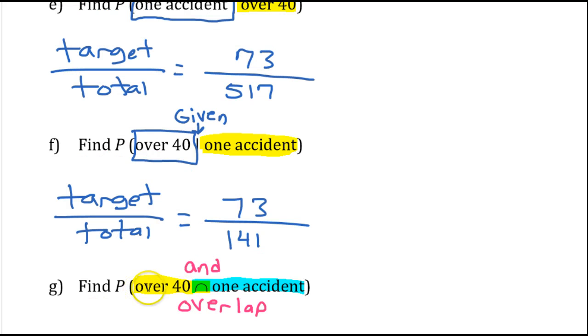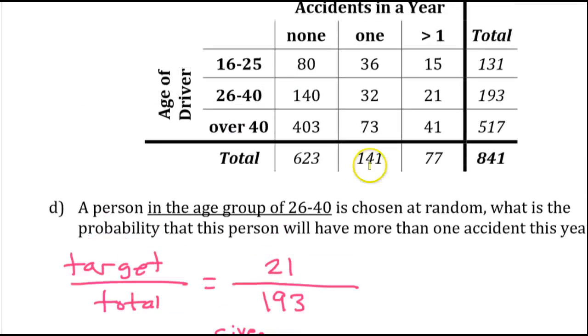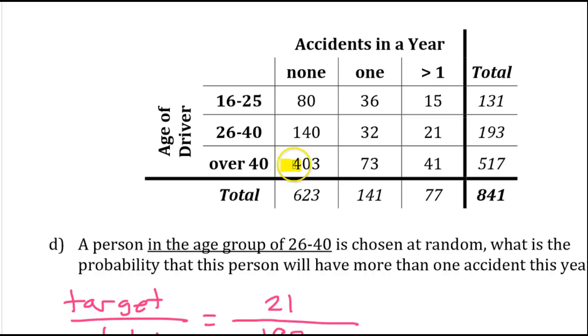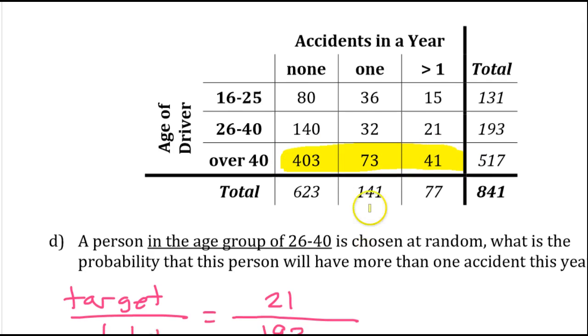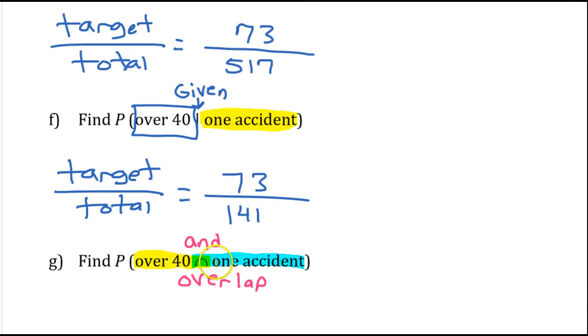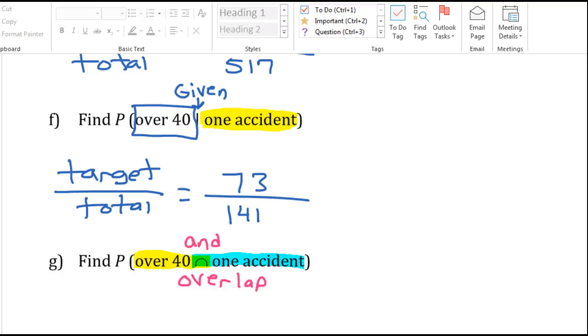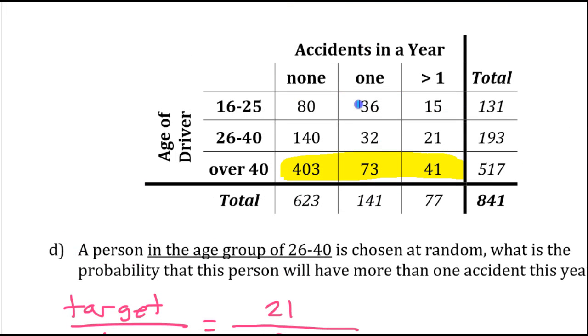So let's go up and highlight the over 40 part in yellow. Over 40 will be these numbers right here. Now we're supposed to highlight the one accident group in blue. These are the one accident numbers right here. And of course, the overlap will be green, and that's the number we're looking for.